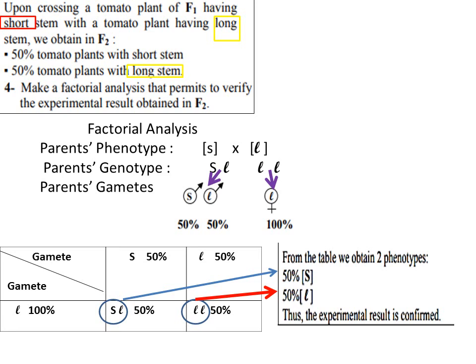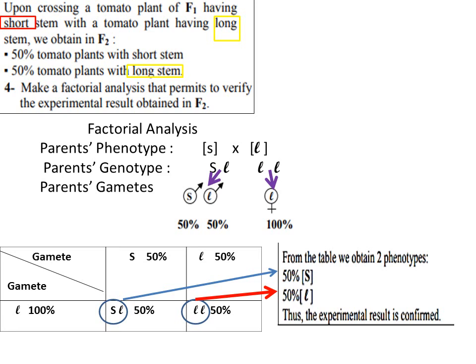Now I go to write the parents' gametes. The hybrid parent, short, has two possibilities of gamete, either S or L, and they are 50% each, while the long tomato plant will produce one type of gamete, L. So here, students, remember, a pure parent will have one type of gamete, while a hybrid parent will produce two types of gametes, each being 50%, or half-half.